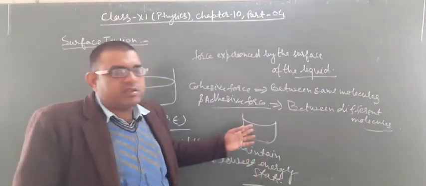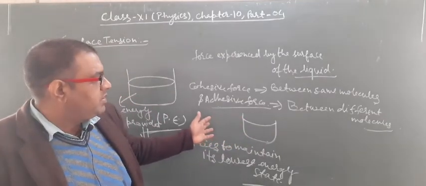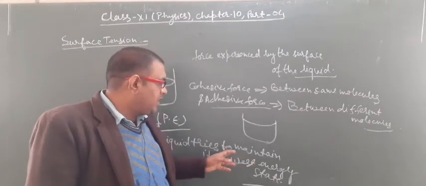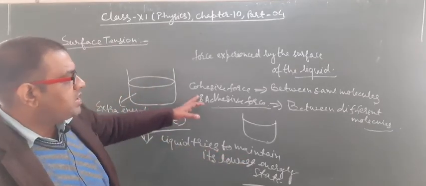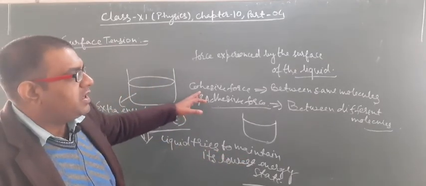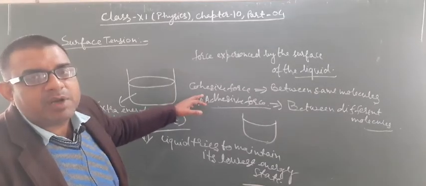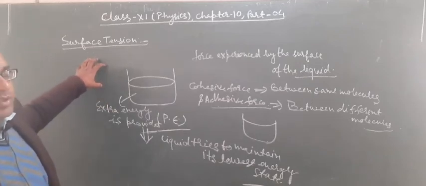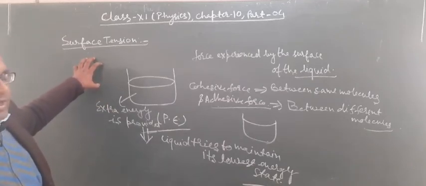So liquid particles also try to maintain themselves in their lower energy state, and that force is provided by the cohesive and adhesive forces due to the inter and intramolecular forces. And so these forces give rise to the surface tension.